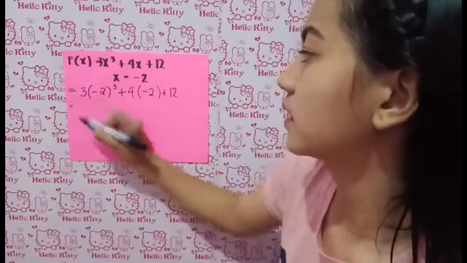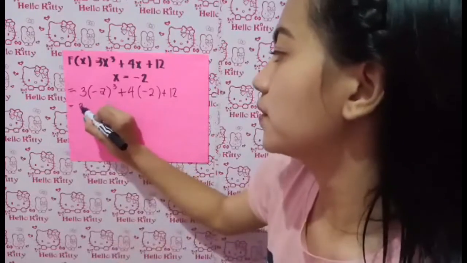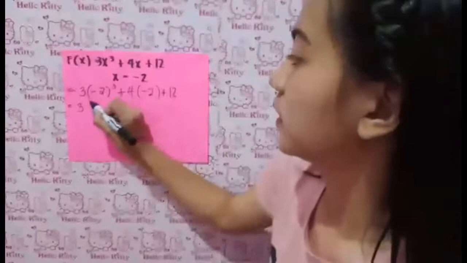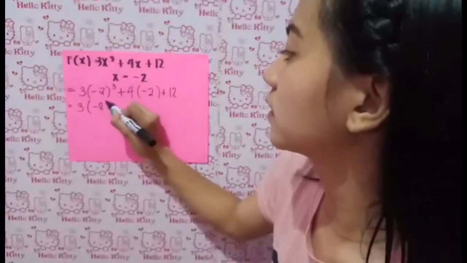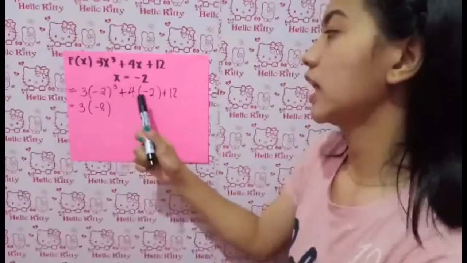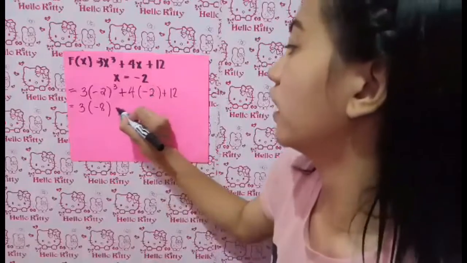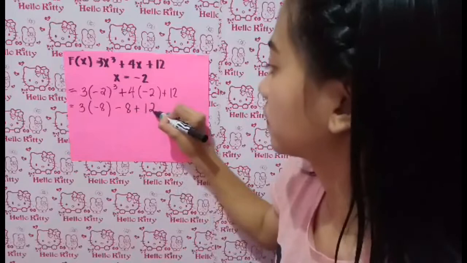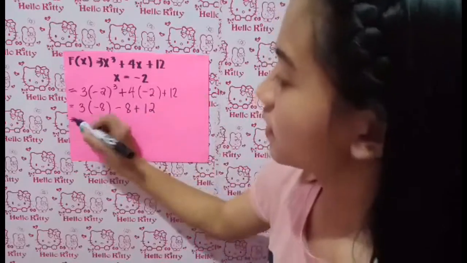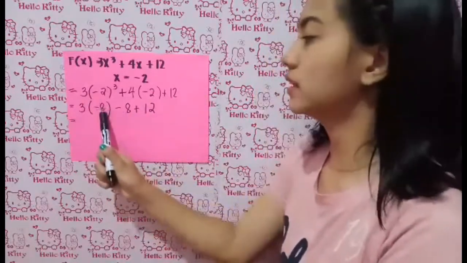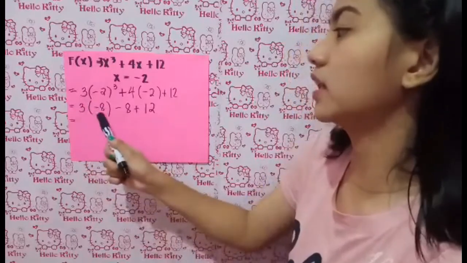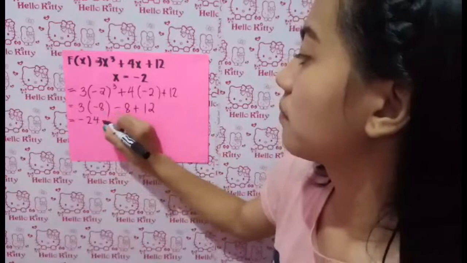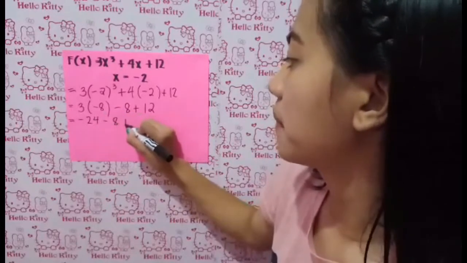Next, just bring down the 3, then negative 2 cubed is negative 8. Then 4 times negative 2 is negative 8, plus 12. Then next, in order to remove the parentheses, we have to multiply 3 by negative 8, which is negative 24, minus 8 plus 12.